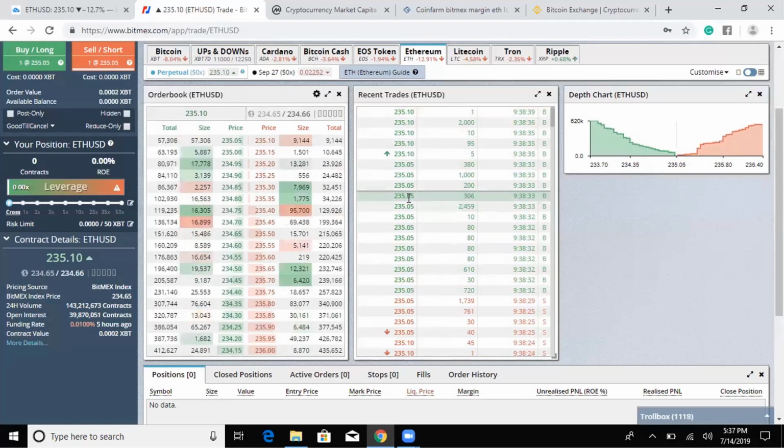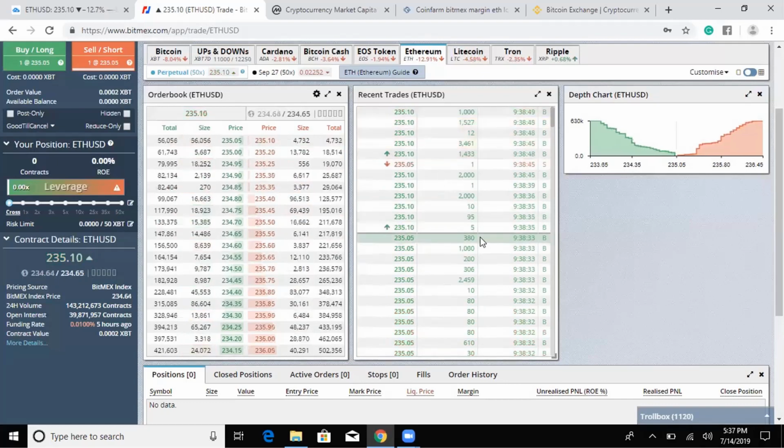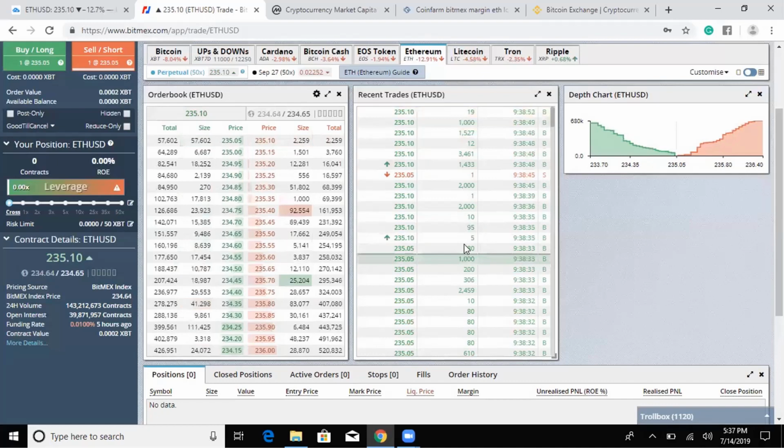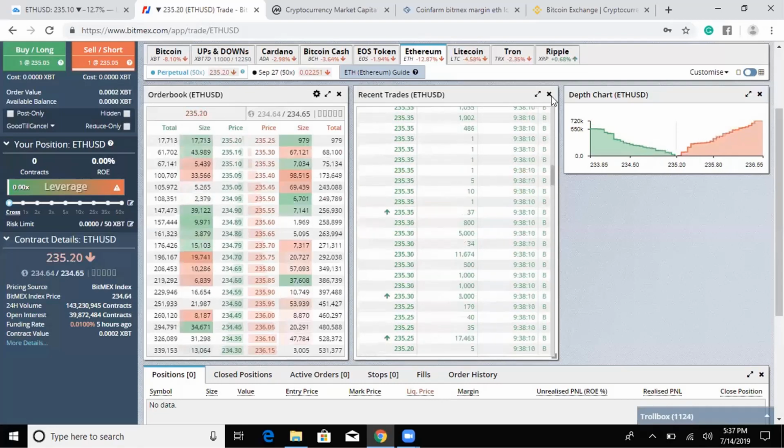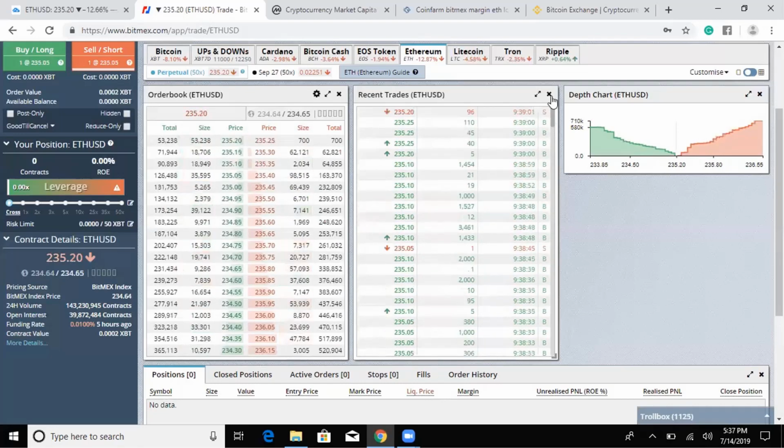How you basically do that is by looking at the recent trades here. Look at the size of the recent trades, and then you get an idea of the overall strength of the market. If you're looking at the recent trades and you're seeing buys, that tells you the trend is likely going to go up. However, you still don't decide just because you see a lot of buys in the recent trades.